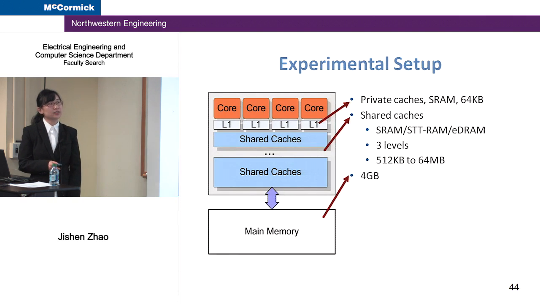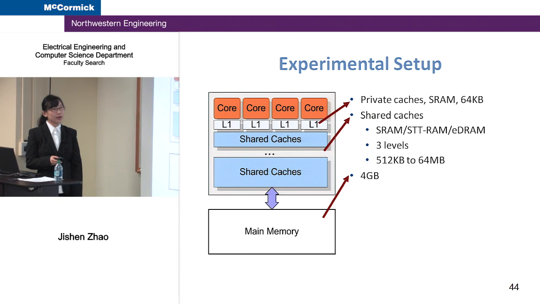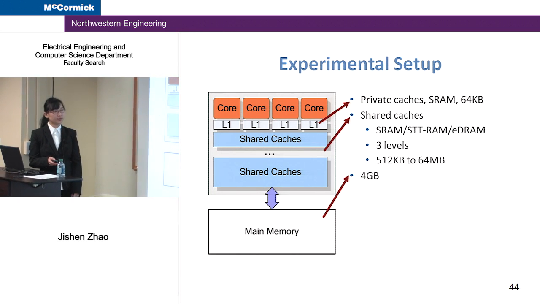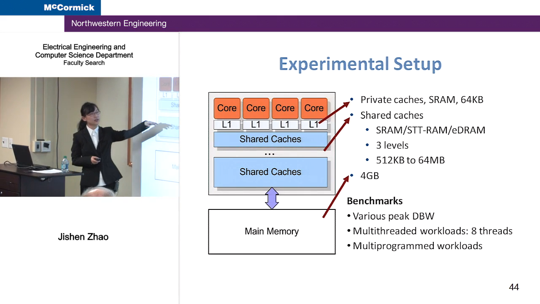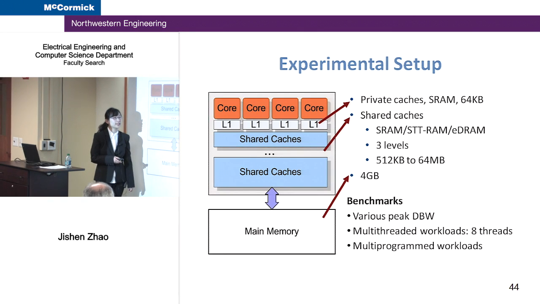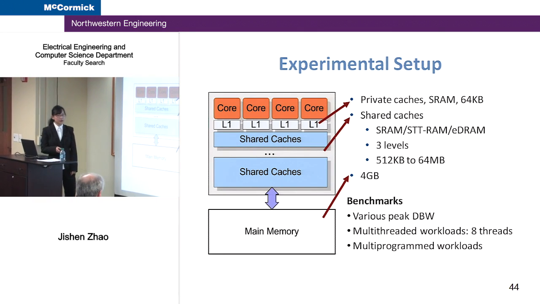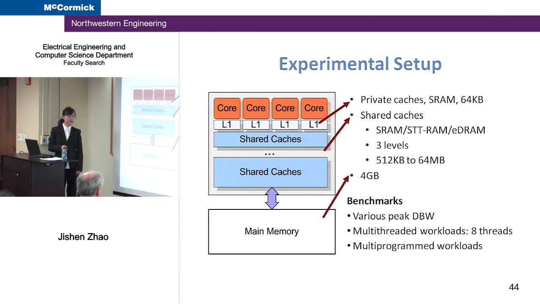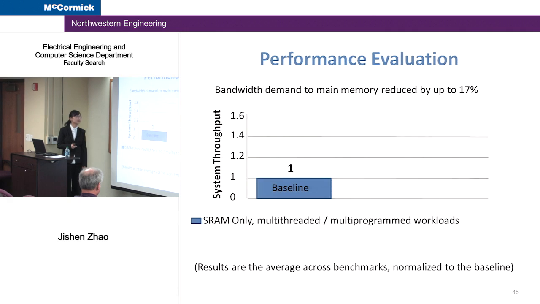We evaluate our hybrid cache hierarchy design with a multi-core processor, and we evaluate various memory technologies in our shared cache hierarchy and various capacities. We also evaluate with benchmarks selected from both multi-threaded and multi-program workloads.